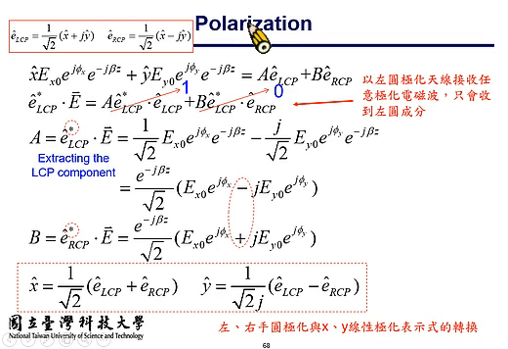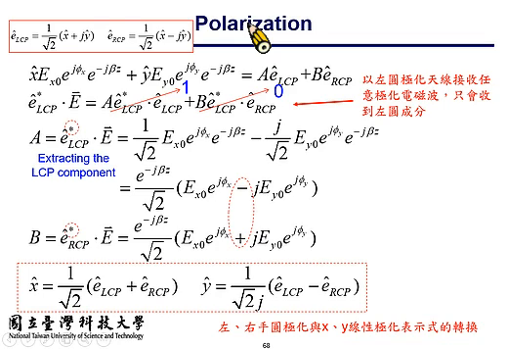Because the two polarizations are orthogonal. So if you try to use left-hand circularly polarized antenna to receive linear polarization, how much can you receive? Half. Only half of that.